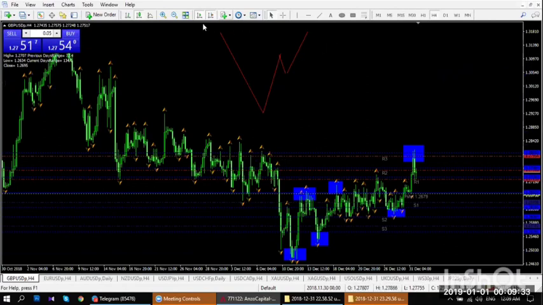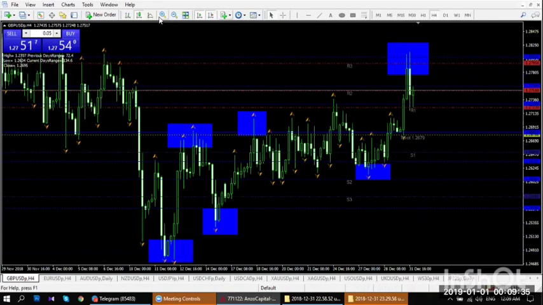In its own zone, it has to be a swing high or low. Like this, you see? This is a swing high. It's on a higher point than the rest of the trend. It's taller than the sides of it. And this one is lower than the side trends that are next to it.